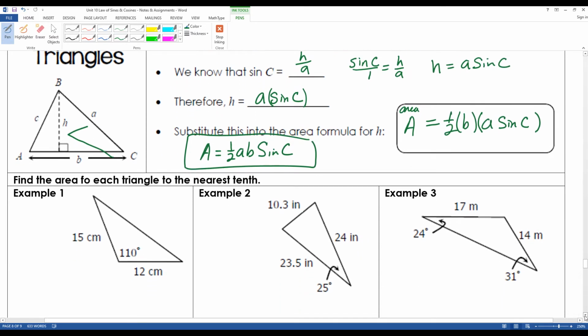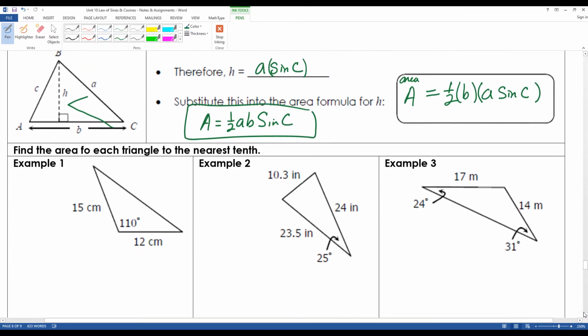Now we may need to use law of sines or law of cosines in a little bit to find a piece of this information from the formula that we might need. But let's just go with this for a minute. So notice how A is area, but the sides A and B, the angle, is different than these other two. So it doesn't always have to be A, B, and C, but you can label it that way so it works for you.